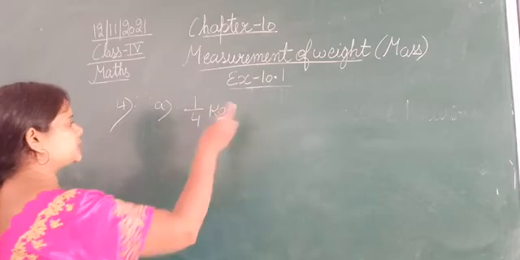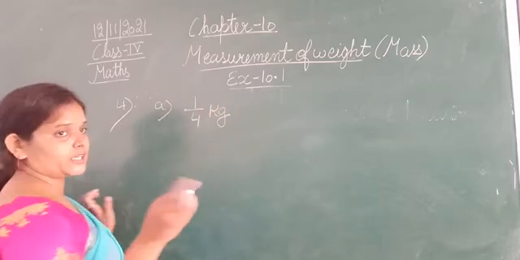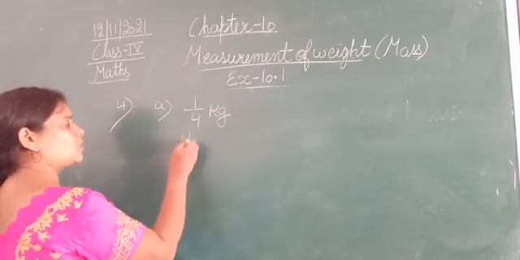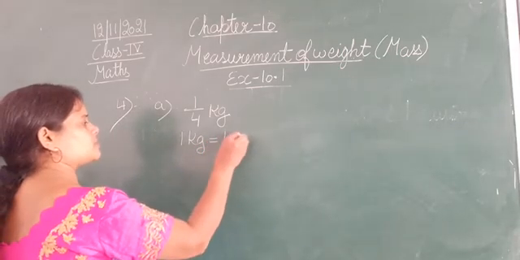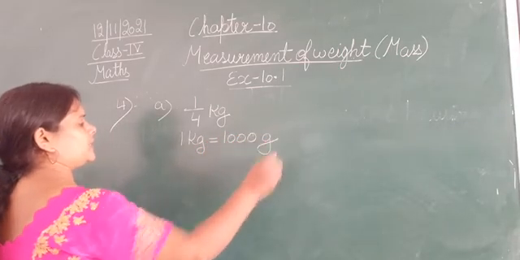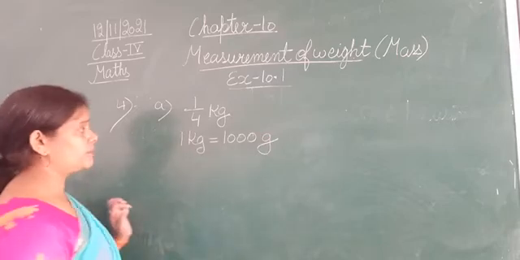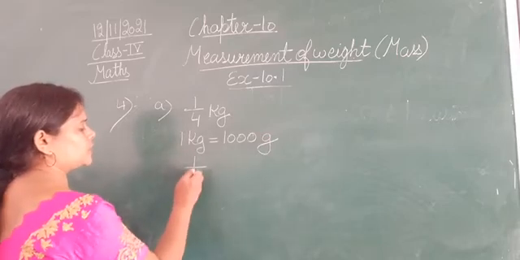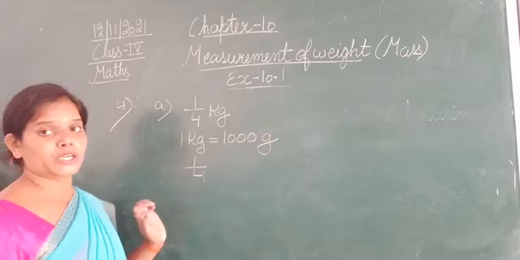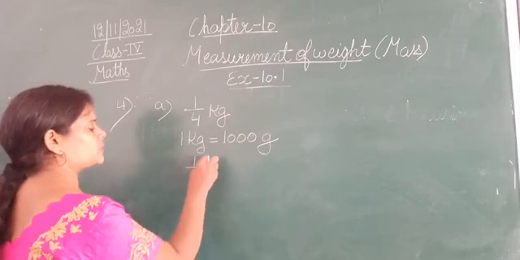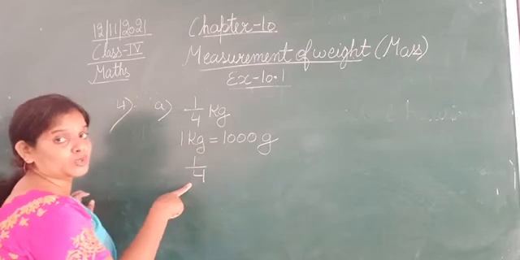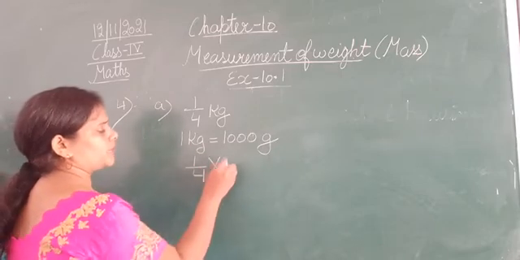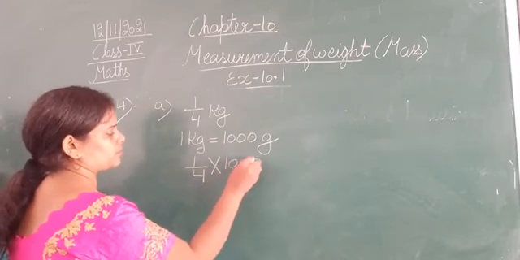Remember one thing throughout the chapter: 1 kg is equal to 1000 grams. So to convert 1/4 kg into grams, we need to multiply it with 1000.